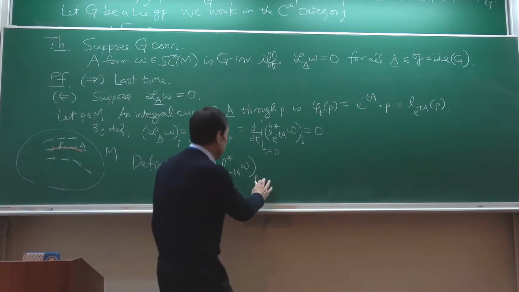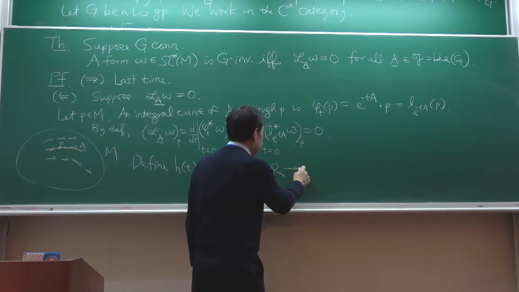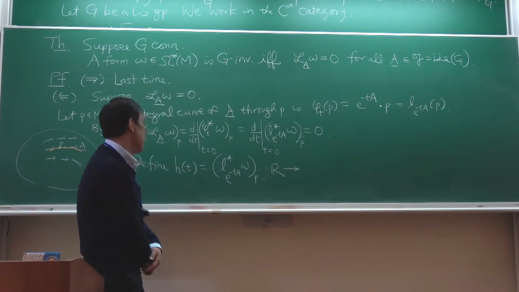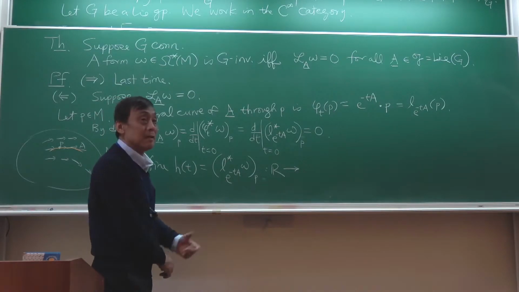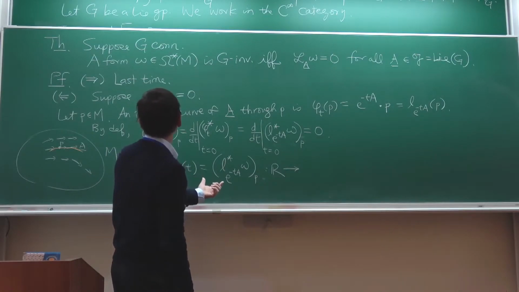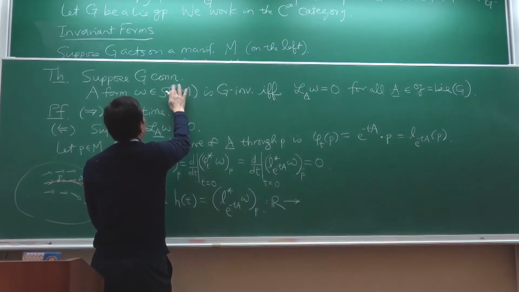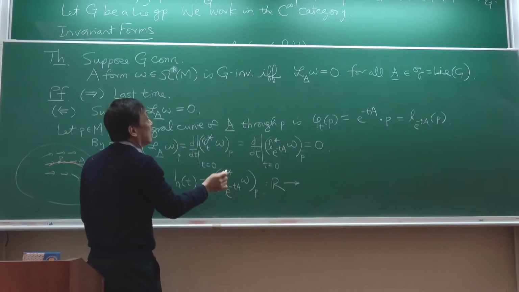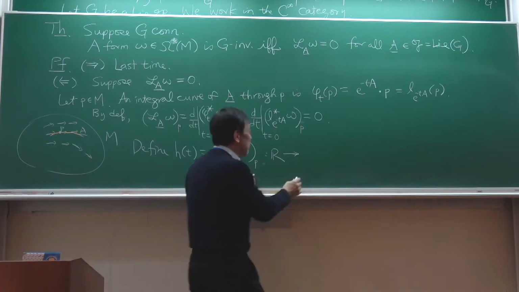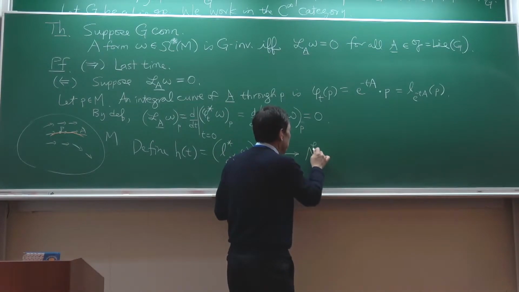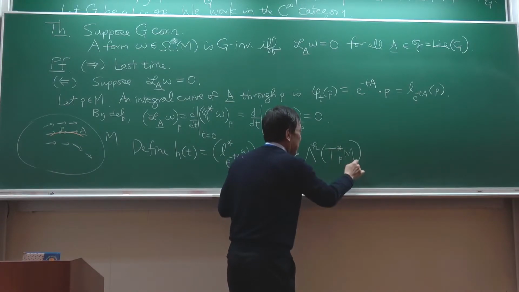So it is a function of R, and let me see, what's the target space? The target space is, let's say this is a k-form. Okay. So it's a k-form at P. So the target space is Lambda^k of the cotangent space. Right?